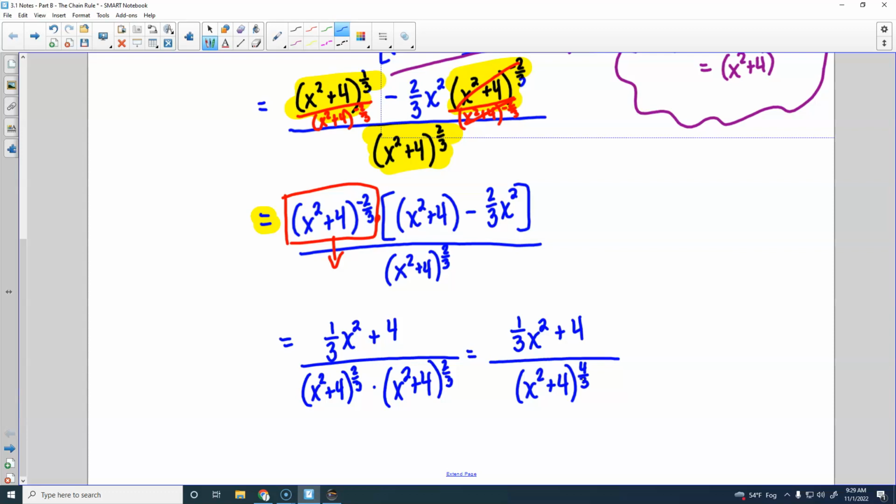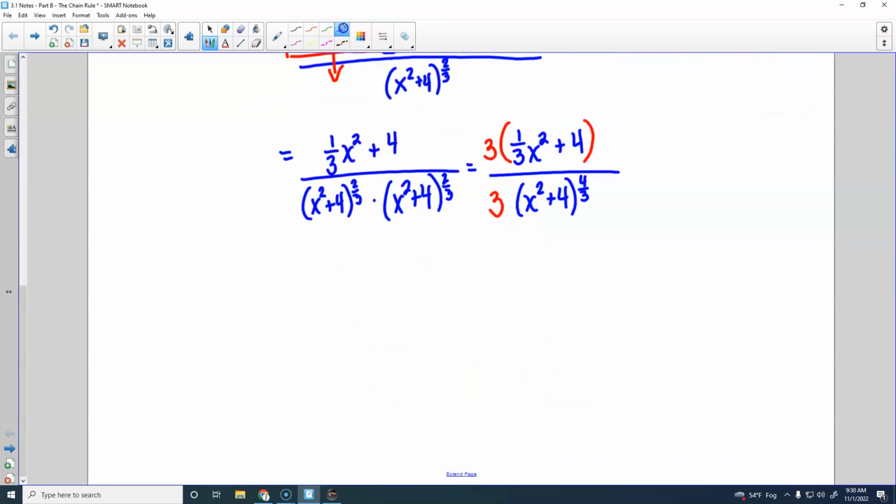And they're probably still not going to leave it like this, because you still have that 1/3, which is a fraction in the top, and they don't like to leave fractions inside of fractions. So to get rid of that fraction, we could multiply the numerator by 3 as long as we also multiply the denominator by 3. All right? So if we do that, we will get just an x squared, because 1/3 times 3 is going to give us 1, and then 3 times 4 will give me 12, and then in the denominator we'll have 3 times x squared plus 4 to the 4/3.